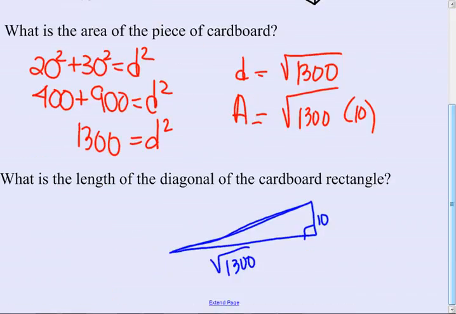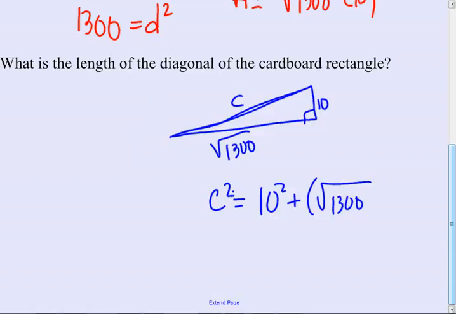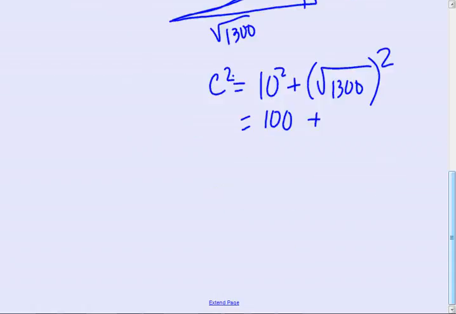I want to leave it that way because I want to find this side. Call it C. So C squared equals this leg squared plus this leg squared. So it's 100 plus, what happens when you square the square root? It goes away. So this is 1,300, and that's equal to 1,400, right?